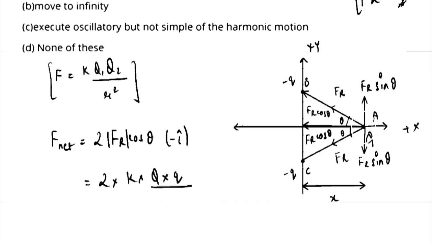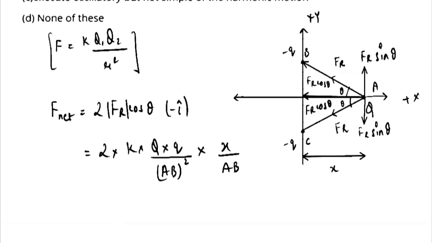The distance between capital Q and minus q is AB. So this is AB whole square multiplied by cos theta, and cos theta will be given as x over AB, right? X divided by AB.